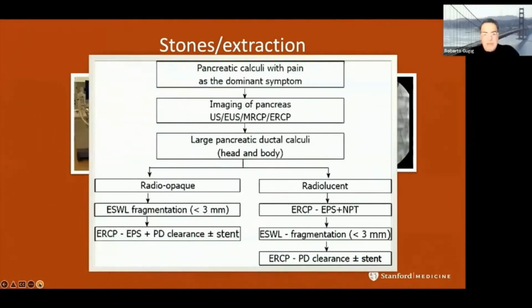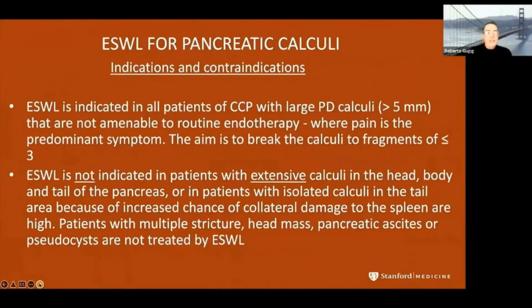And this is kind of an algorithm of tackling the radiopaque and radiolucent stones. If we have to use extracorporeal, sometimes we use it when the stones are very large, more than 5 or 6 millimeters, and we don't think that it's amenable to endotherapy, and where pain is the predominant symptom. Again, most of these patients have pain, but where we think that actually removing the stone will improve the patient's pain.